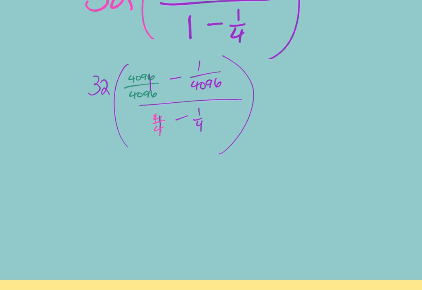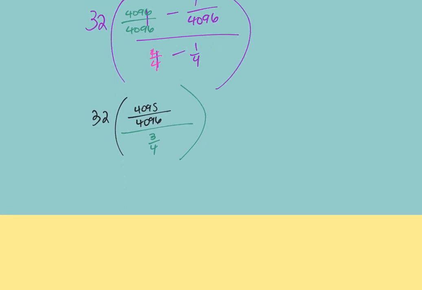That will also always be 1, so you can change it easily. So now I have 32, 4,096 minus 1, so 4,095 over 4,096 divided by 3/4. Now I keep, change, flip it.